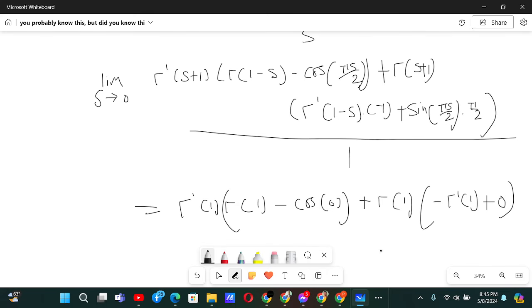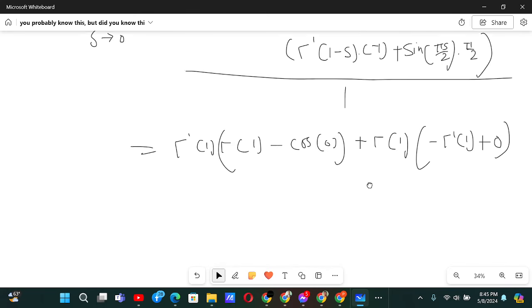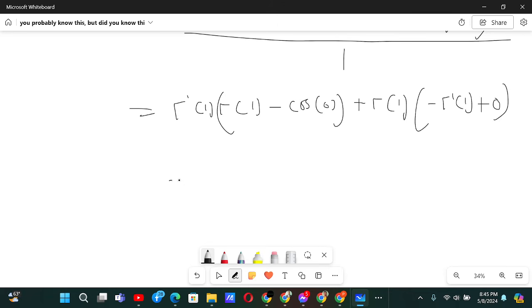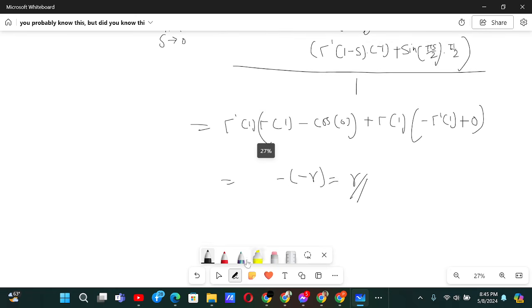So now we finally have gamma prime of 1 times 1 minus 1, so it's 0, and over here it's minus gamma prime of 1. We know that gamma prime of 1 is negative Euler-Mascheroni constant, so this will just be the Euler-Mascheroni constant, and that is the answer.